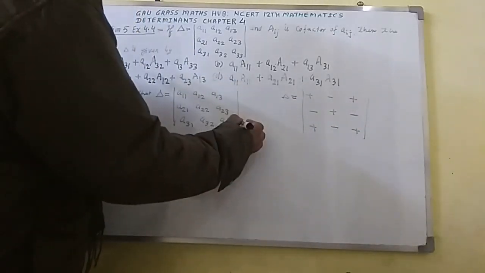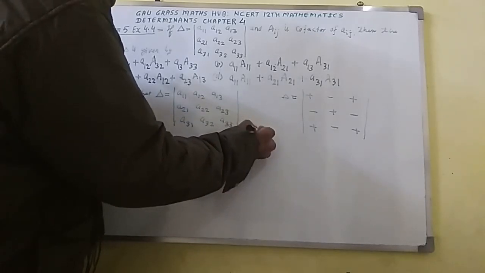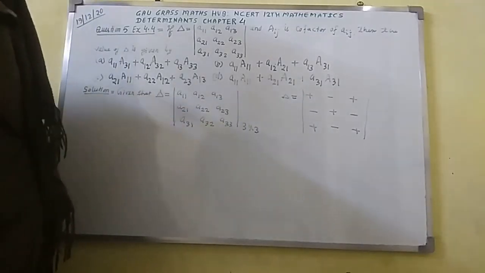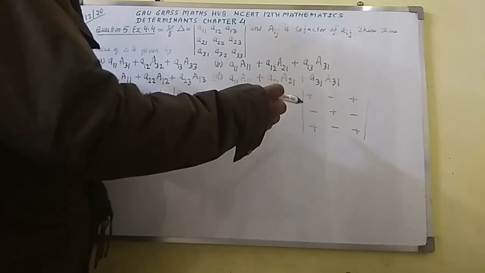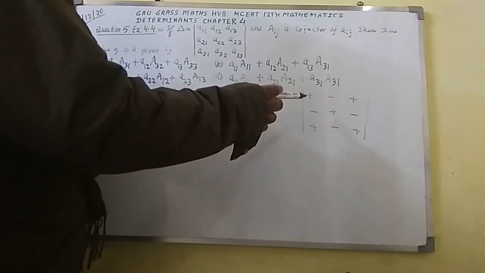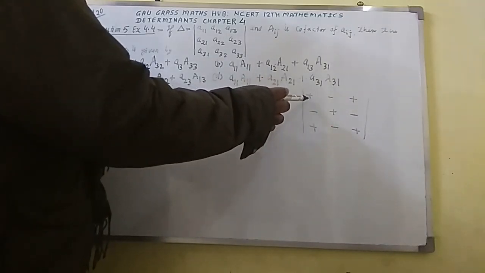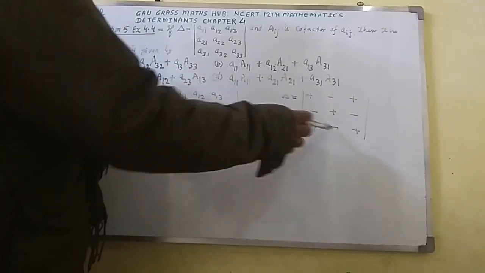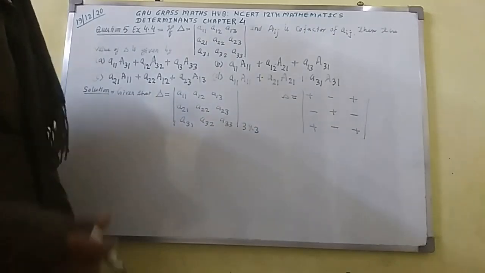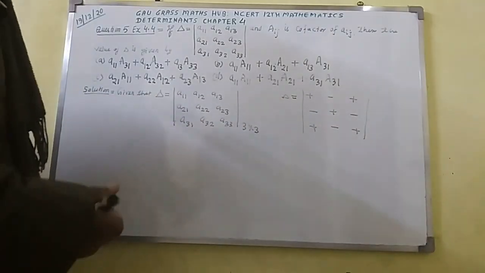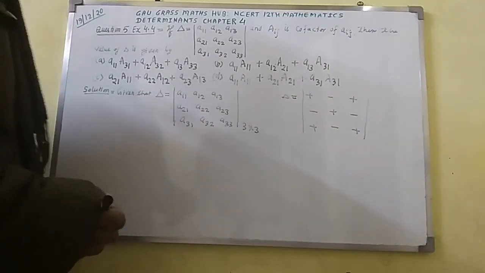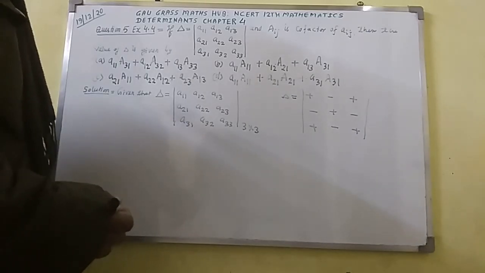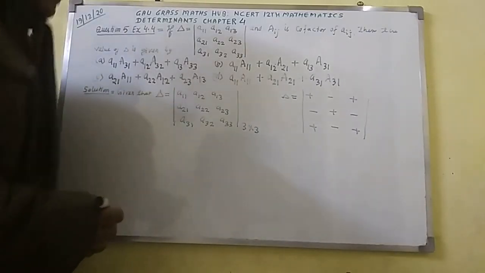This is the determinant of order 3 by 3. The sign of the first row is plus minus plus. What to do in this case? Here I am going to expand this delta along the first column.